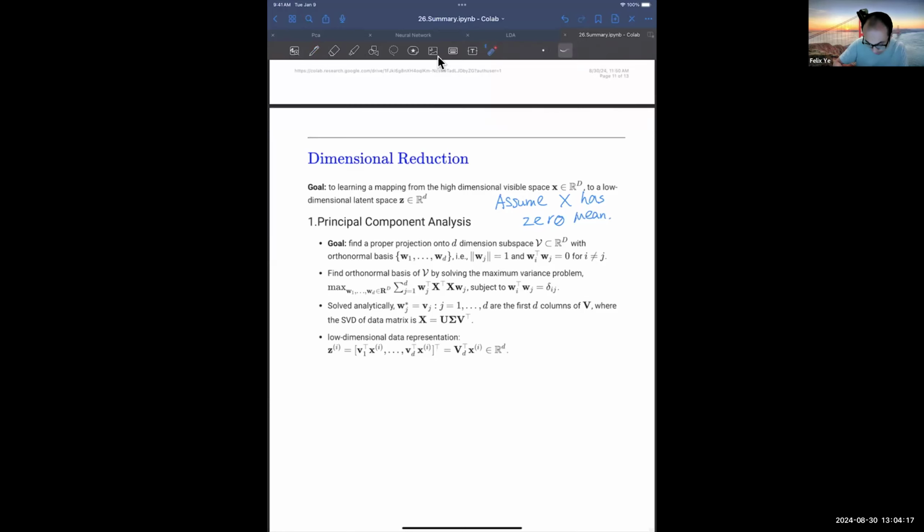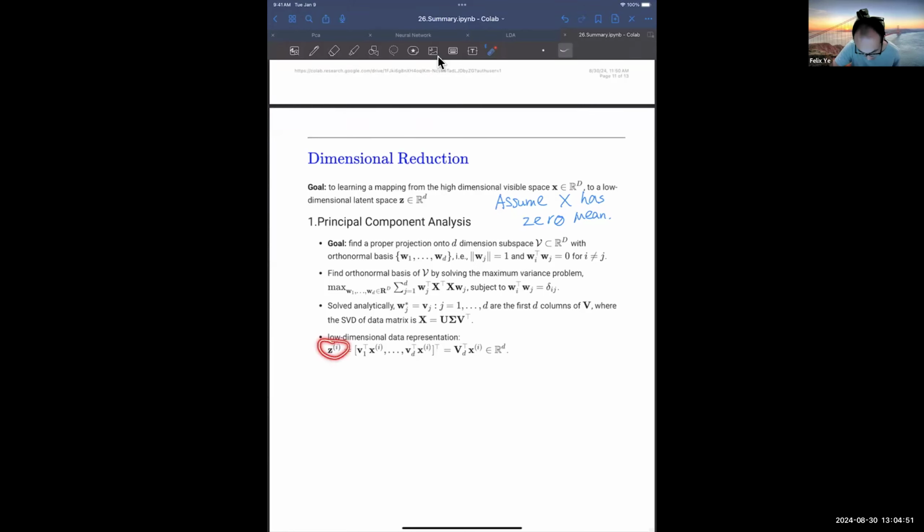All right, so the low dimensional data representation. Even though we project everything onto the basis V1 to Vd, it is still using capital D coordinates to represent that. So the intrinsic low dimensional representation is to use the weights to represent the data.